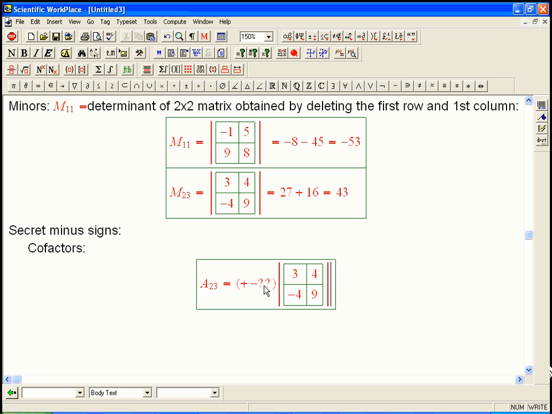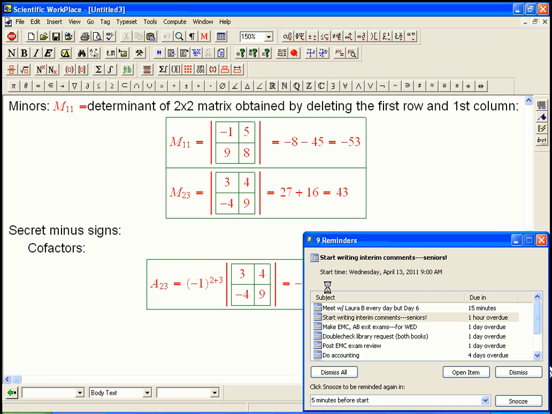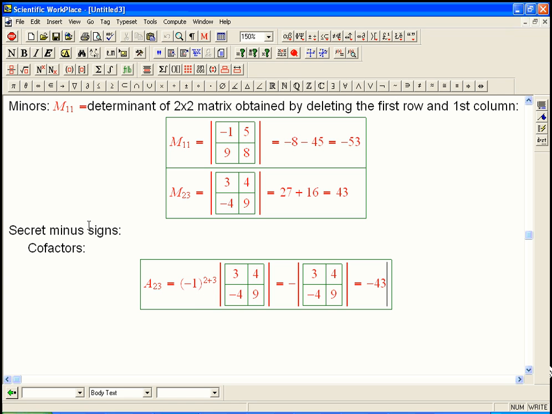The way the book says it is to take i plus j, that's 2 and 3. So you take the row and the column, add those two numbers, and take minus 1 to that power. That's minus 1 to the 5, which is minus. So we're actually going to get minus this determinant, which is minus 43. And that's called a cofactor.